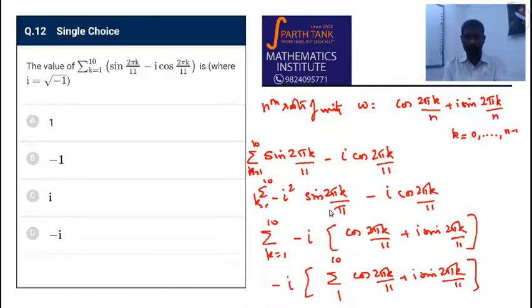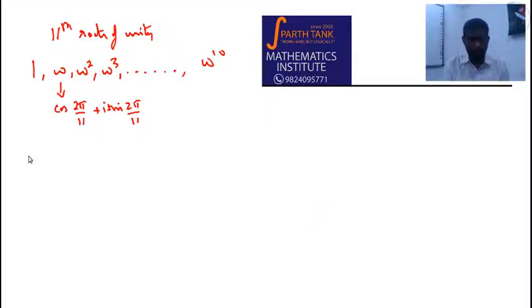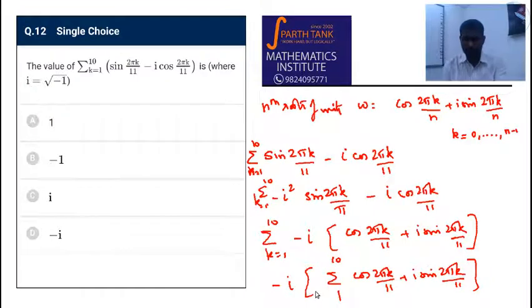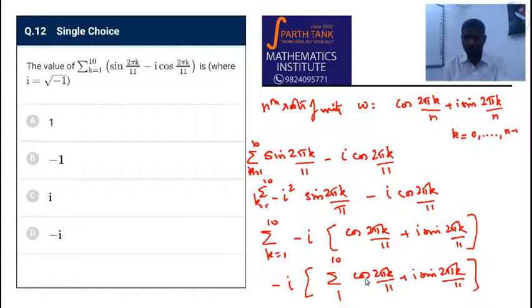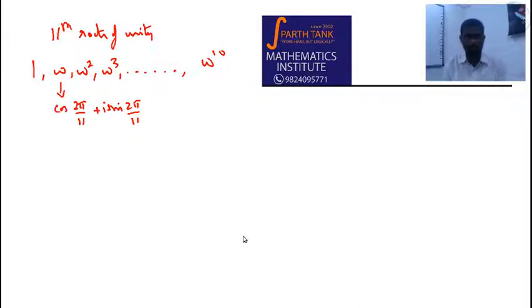Those are these numbers. So what they have given in this bracket is summation from 1 to 10, that is starting from omega till omega power 10. If you realize that this is omega, then at 2 it will become omega squared. When k is equal to 3, it becomes omega cube, and so on. So the summation required actually is nothing but omega power k, k from 1 to 10.